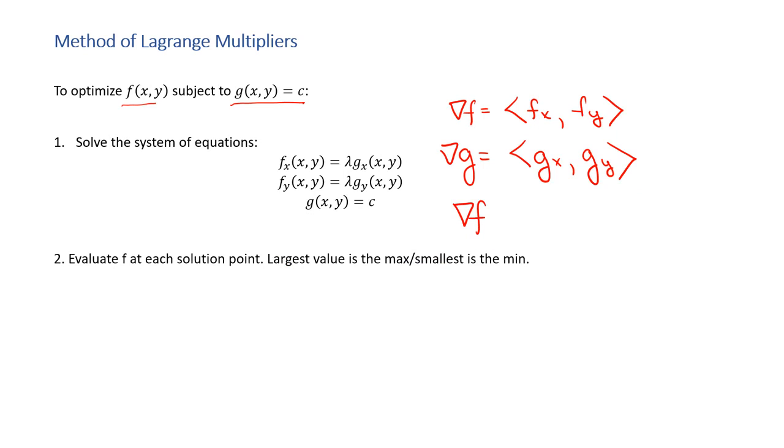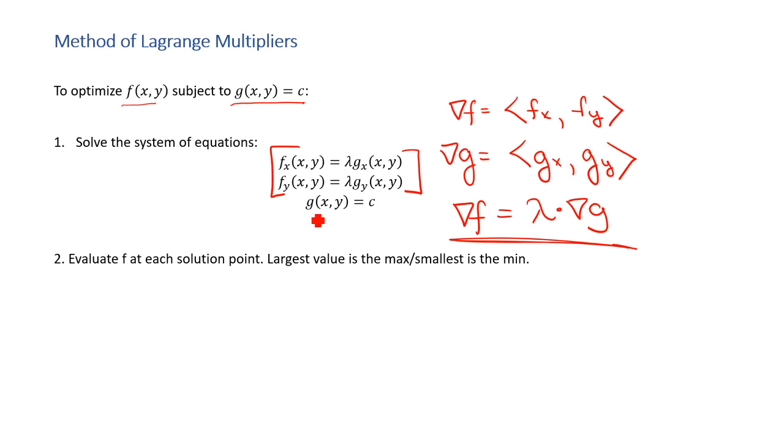If gradient of f equals lambda times gradient of g, we can write that as two equations: the partial of f with respect to x equals lambda times the partial of g with respect to x, and the partial of f with respect to y equals lambda times the partial of g with respect to y. Those first two lines are basically this idea that our gradients are parallel.